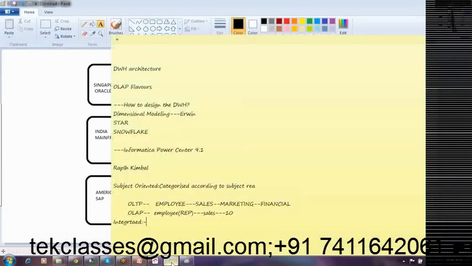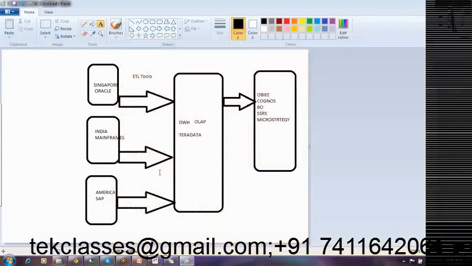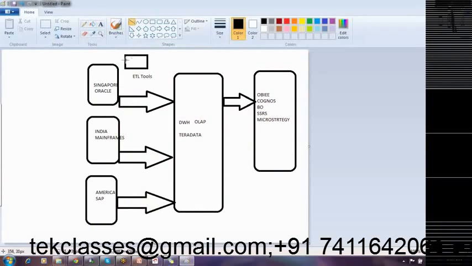You're integrating the data from multiple applications, and your ETL tools are also capable of extracting data from flat files, XML files, all those things. The flat file data also will be extracted and then loaded. So you're integrating data from heterogeneous, diverse sources and diverse formats.